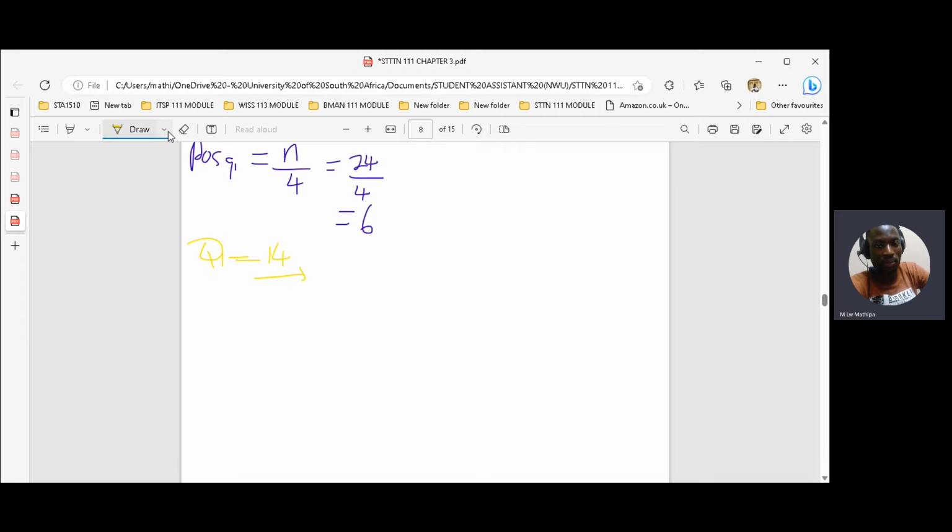So that's how you find Q1. Then what about Q3? The position of Q3 is equal to 3n divided by 4.